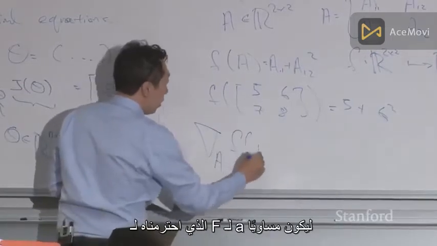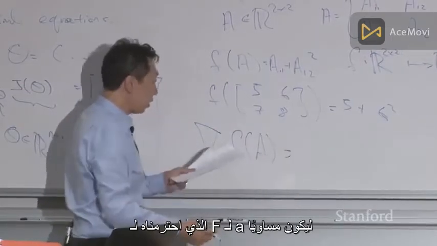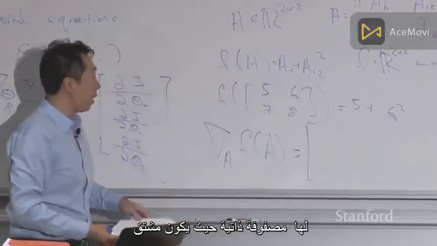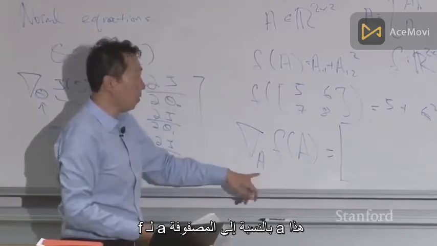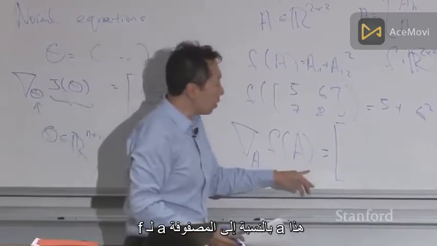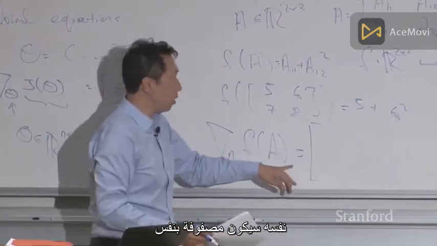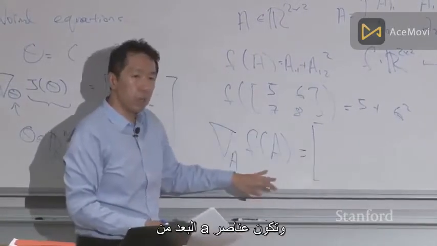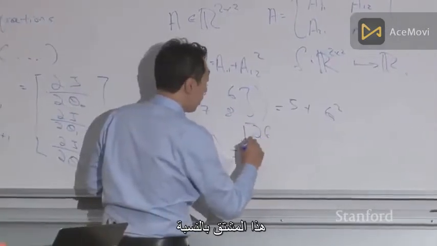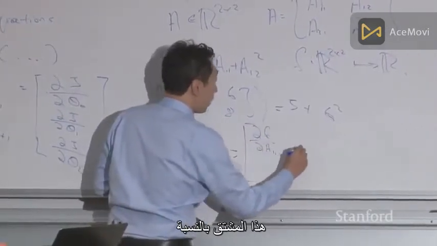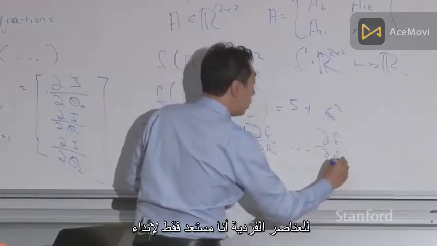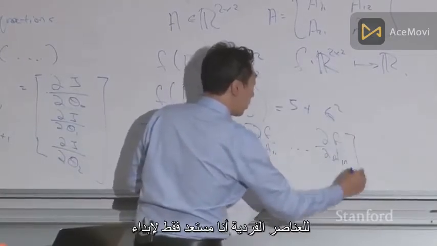When you have a matrix function like this, I'm going to define the derivative with respect to A of f of A to be itself a matrix, with the same dimension as A, where the elements are the derivatives with respect to the individual elements.